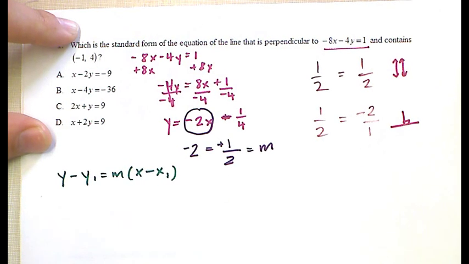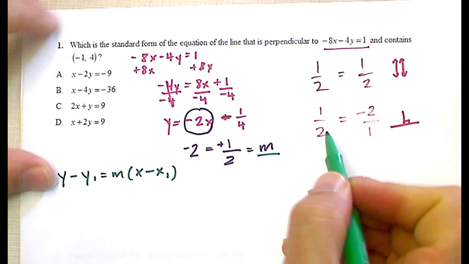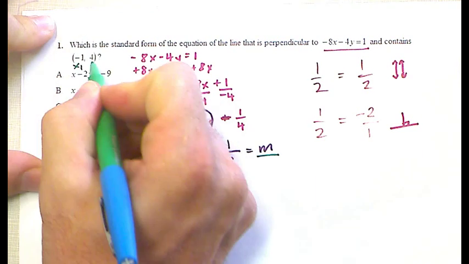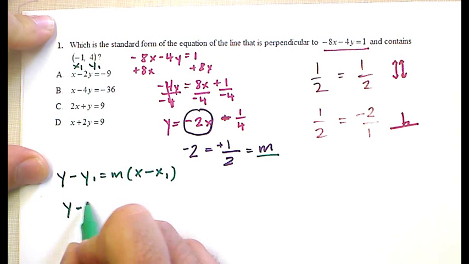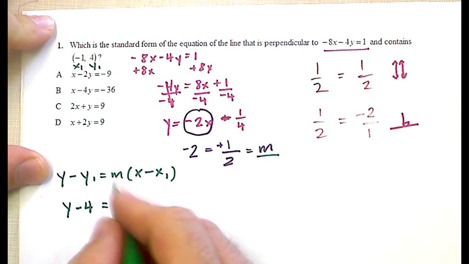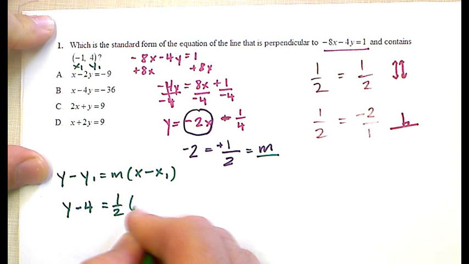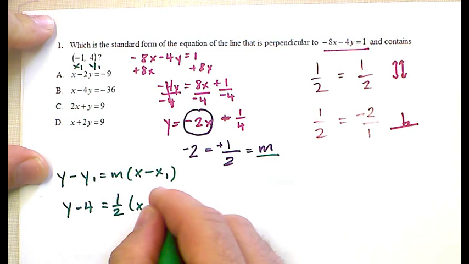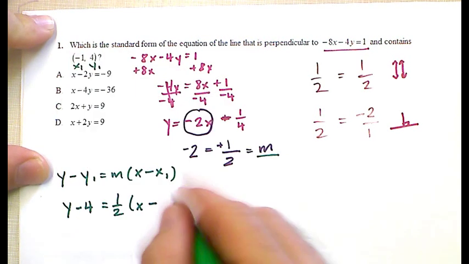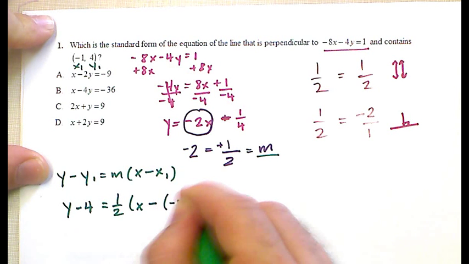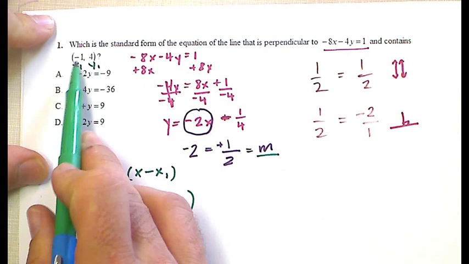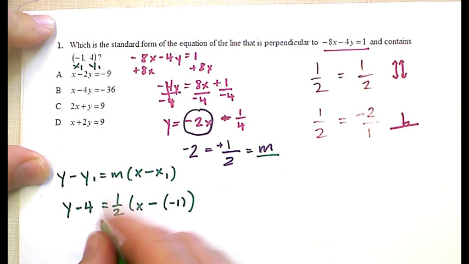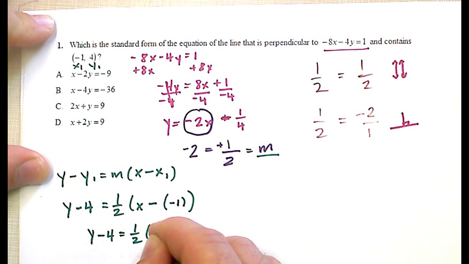And here I have my slope, and here I have my x1, y1. So I could say y minus 4 is equal to 1/2 x minus a negative 1. Now the key here is to remember that there's a minus here and you're subtracting another negative 1. So actually rewriting this to make it look super smooth is x plus 1.